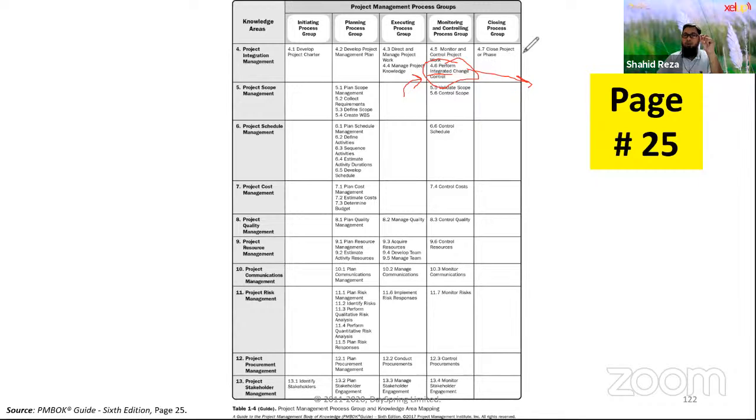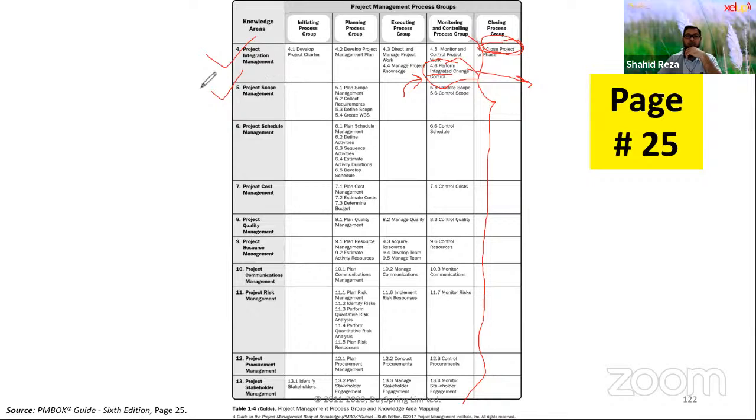And finally, when we are talking about close project or phase, that is not only closing the integration, that is closing all the parts of all the knowledge areas, all the processes. It is closing everything. You cannot close only the scope part or the integration part. You have to close everything of the project. So that is the scope of close project or phase.